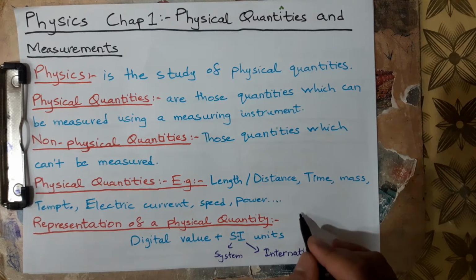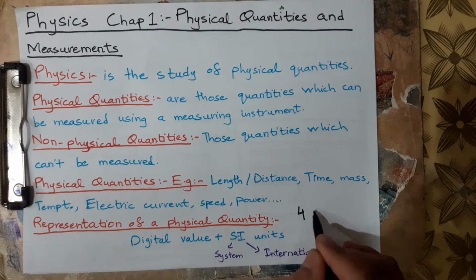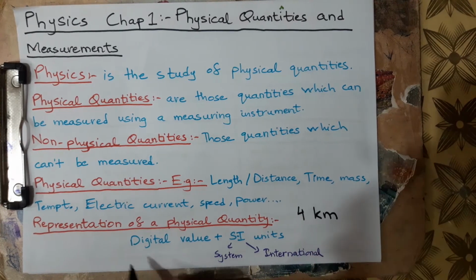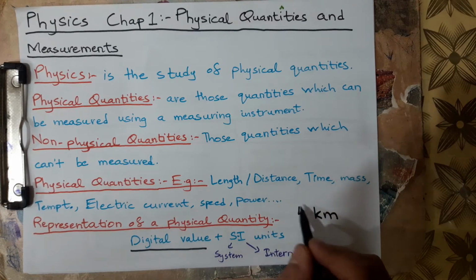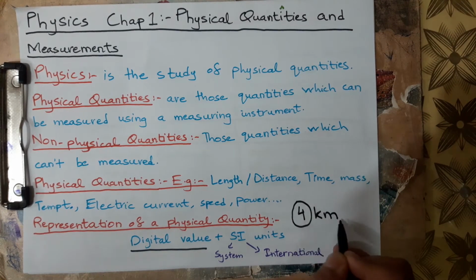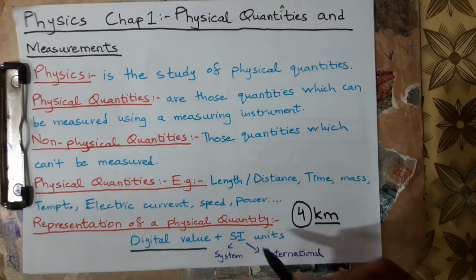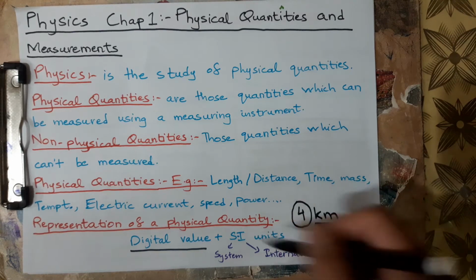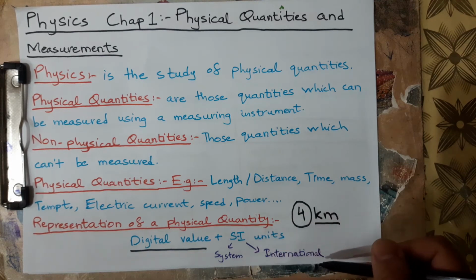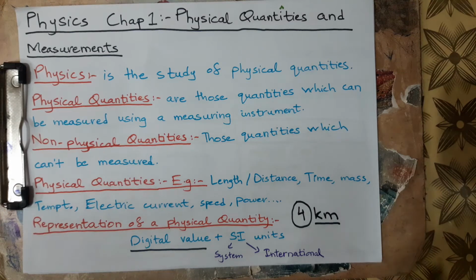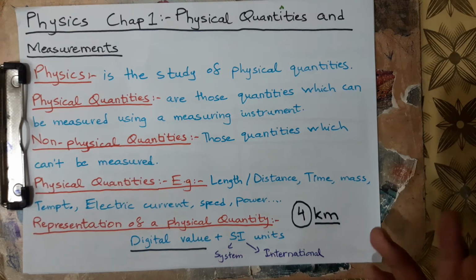For example, I can give you here an example like 4 kilometer. So this includes digital value, which is 4, and this also includes SI units, kilometer. We'll study about SI units further in the chapter. These are the system international units, which include like kilometer, meter, centimeter.